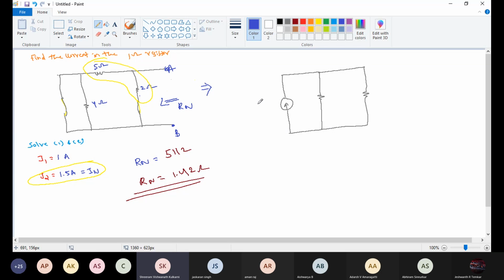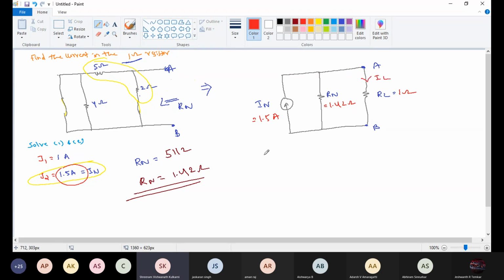Here this is IN, this is Rn, this is RL, this is point A and B, where in the question they are given one current through 1 ohm resistor. We replaced that one with a short circuit. Here this is 1 ohm. This is Rn, 1.42 ohm. IN is 1.5 ampere. This is IL current.